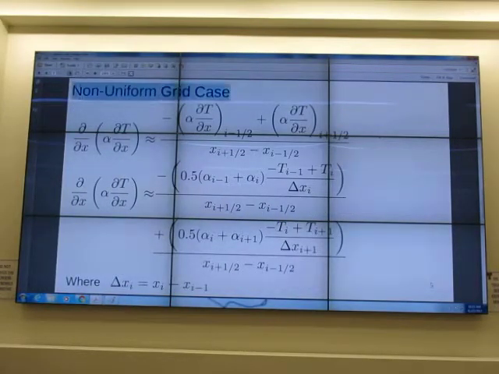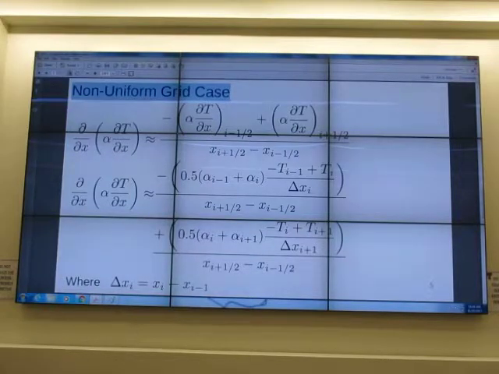Non-uniform grid. Oh, by the way, for heat conduction, you don't really need the non-uniform grid. You use non-uniform grid when you have turbulent flow. You have the change of the velocity a lot near the edge, and near the center is like more uniform. Okay, so you do non-uniform grid case in turbulent flow case, not even laminar flow.